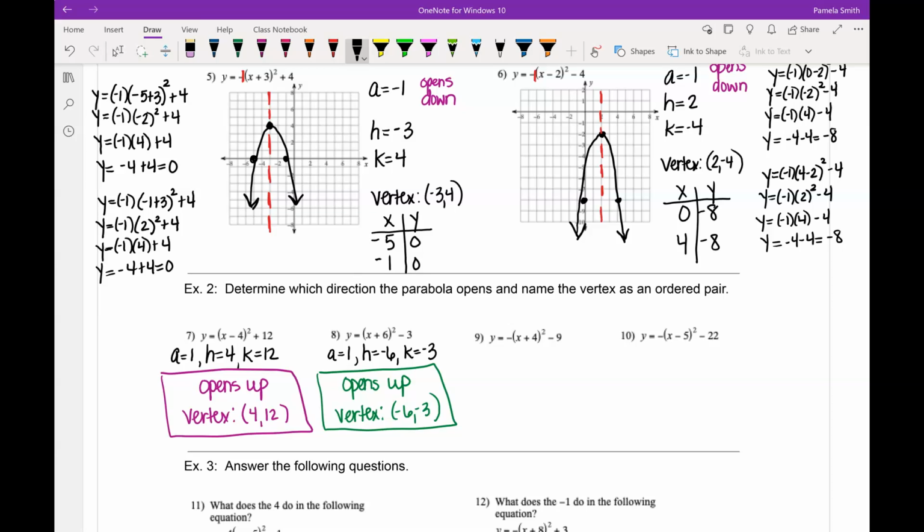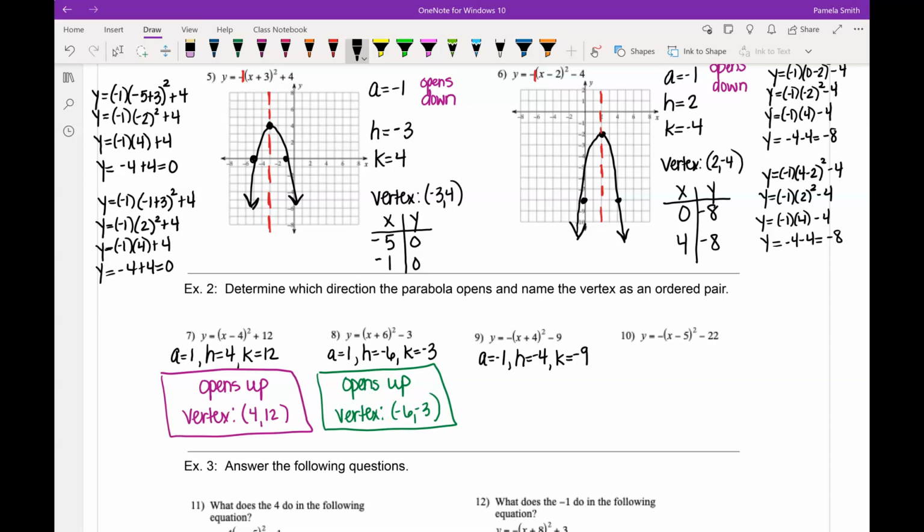Number 9, y equals negative 1 times the quantity x plus 4 squared minus 9. So because that negative is outside the parentheses here, this is where A would equal negative 1. We have x plus 4, so H would equal negative 4.